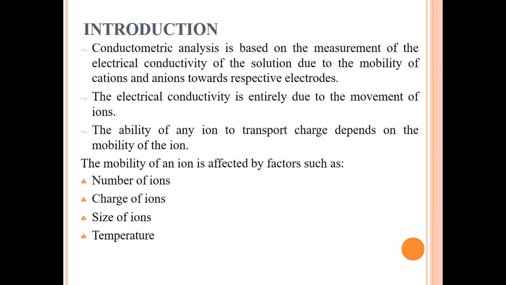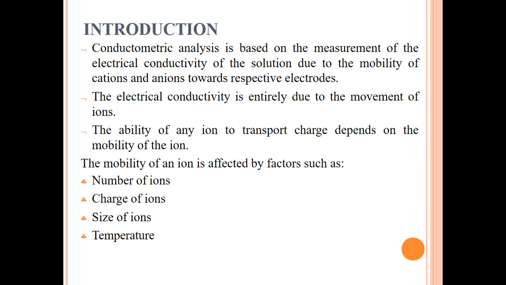Electrical conductivity is entirely due to the movement of these ions. The more number of ions, the faster the movements of ions, the more electrical conductivity we will experience in the electrolytic solution. The ability of any ion to transport charges will depend on the mobility of the ion.